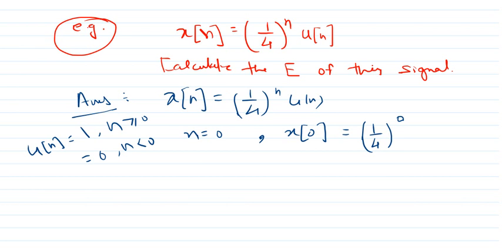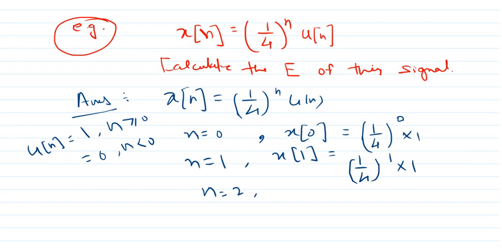Okay, for n equals 1, what is x1? x1 equals 1 by 4 raised to the power 1 into 1, because u1 is also 1. For n equals 2, x2 is 1 by 4 raised to the power 2, and so on.